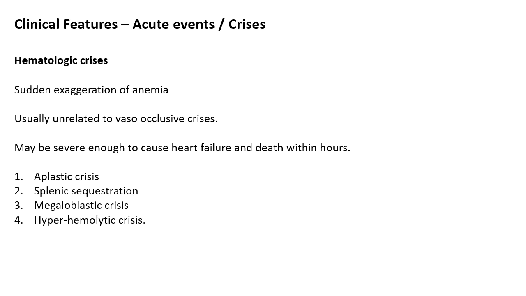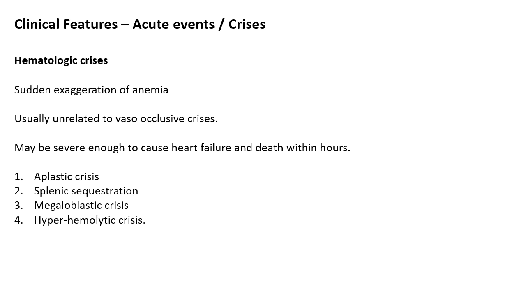The next is splenic sequestration, in which the pooling of blood into the spleen increases and therefore it causes peripheral pancytopenia. You can have megaloblastic crisis, as this is a hemolytic anemia.